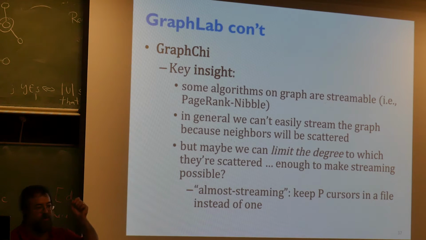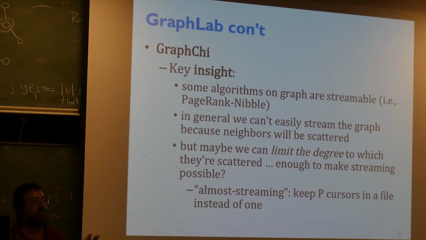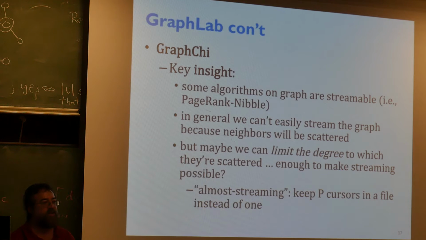I can arrange things so all the edges coming into a vertex are in a stream, but then I don't see what its downstream neighbors are doing, so I can't easily send messages to the downstream neighbors. By its nature, those edges go from one place to another. So putting the graph on disk and streaming it seems inherently a problem, which is why, of course, you want to get a big cluster and put it all in memory.